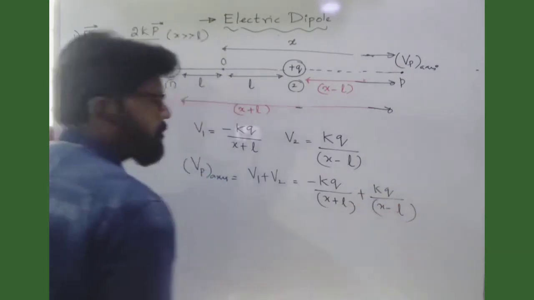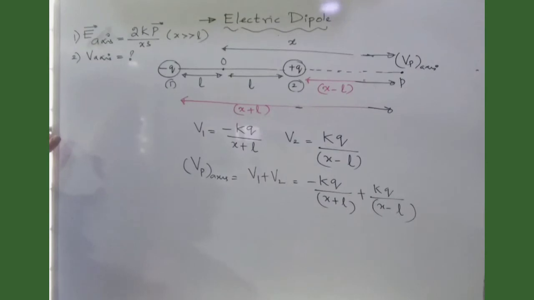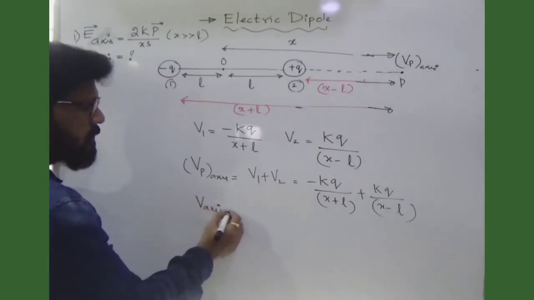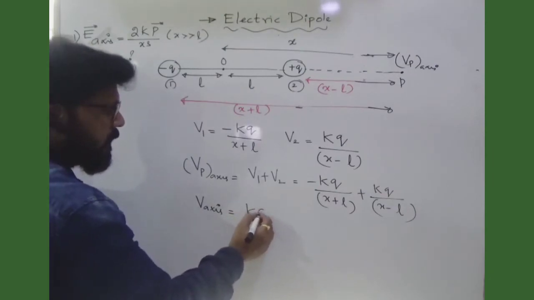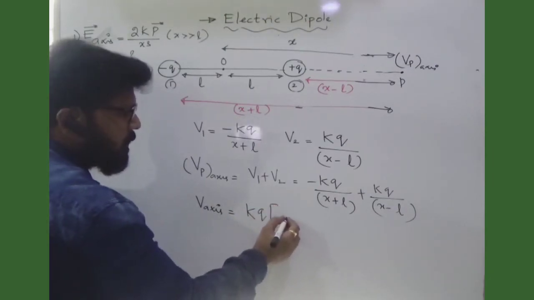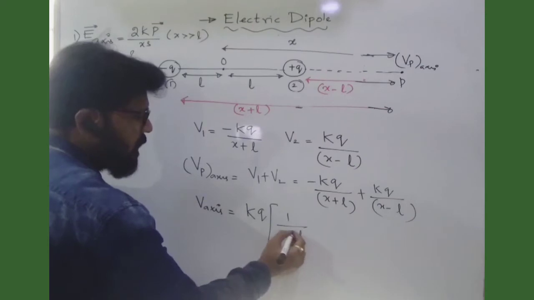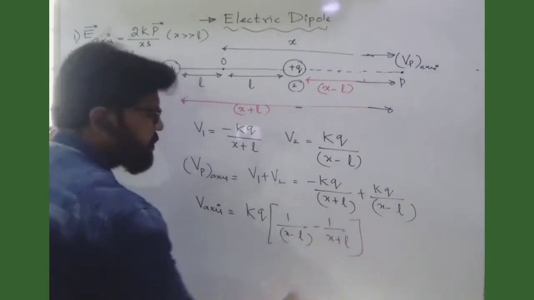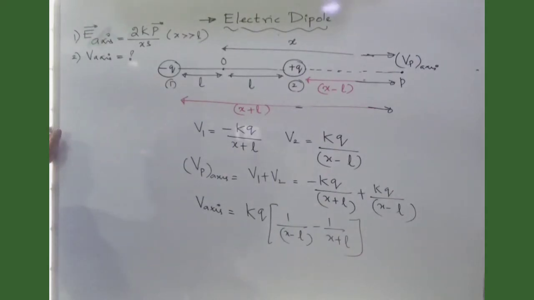So kq can be taken common. V on the axis is equal to kq times 1 by x minus L minus 1 by x plus L. Just cross multiply.